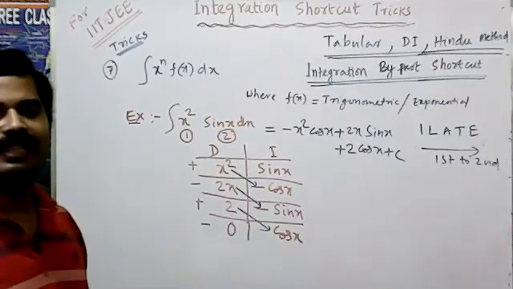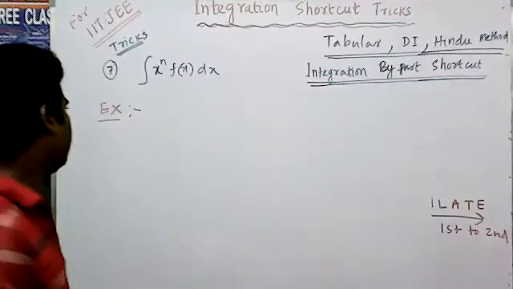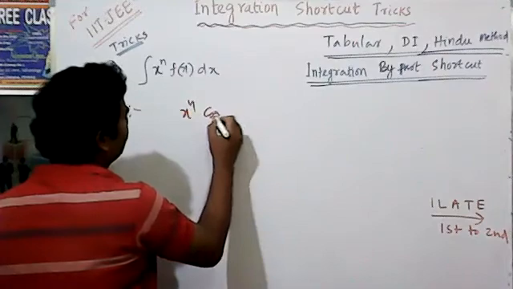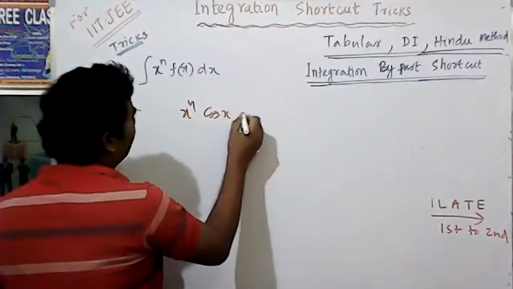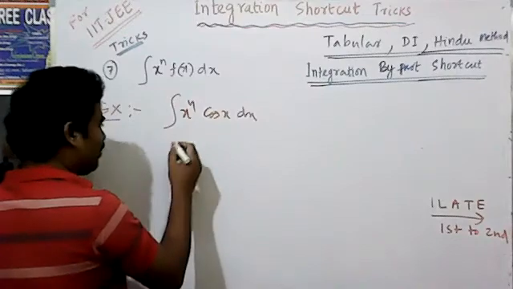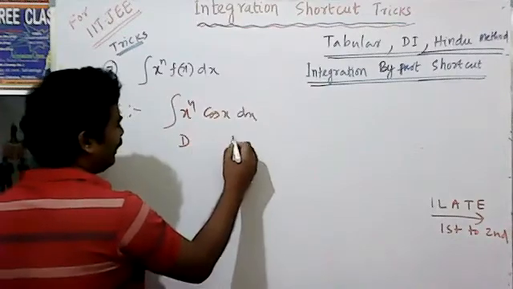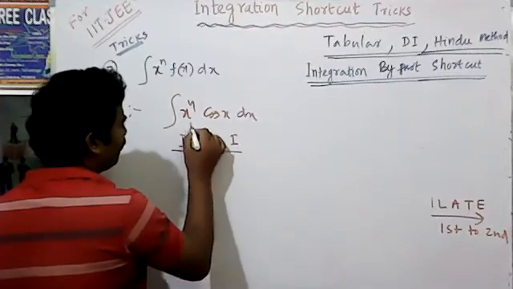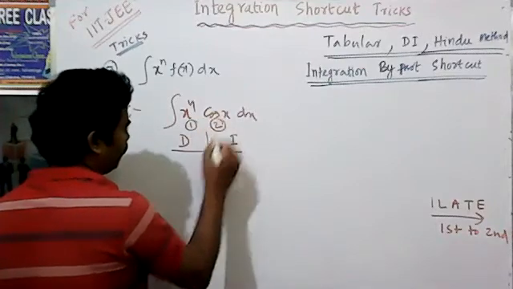Then I will take another example. Suppose x to the power 4 cos x dx is given. In that way you can do it here. Similarly, D is I. The first is the first function and this is the second function.